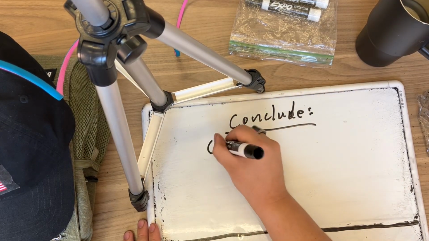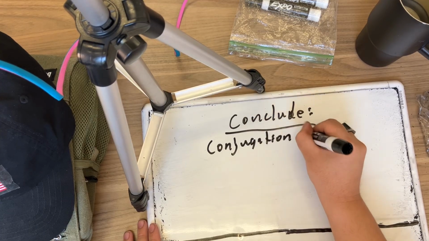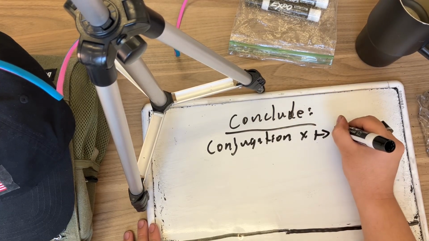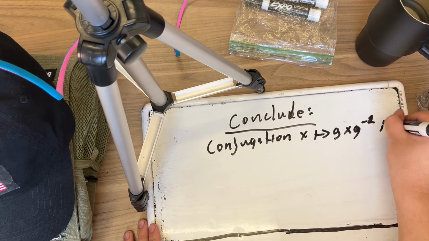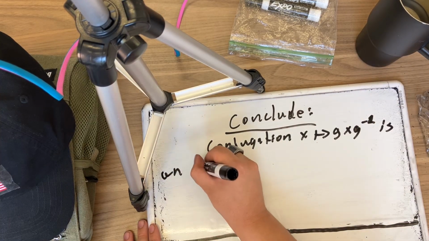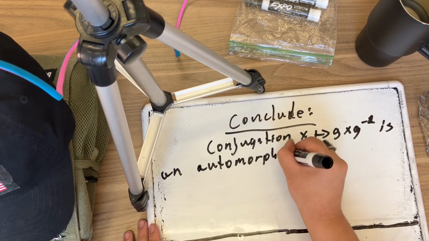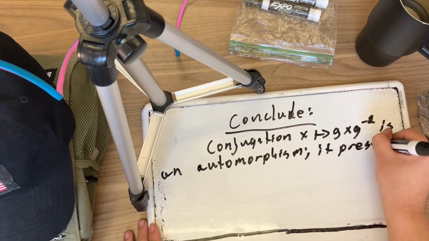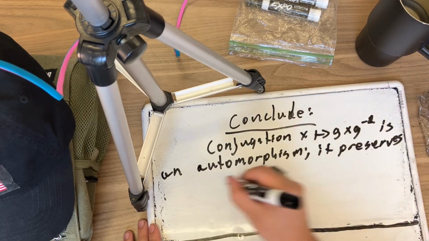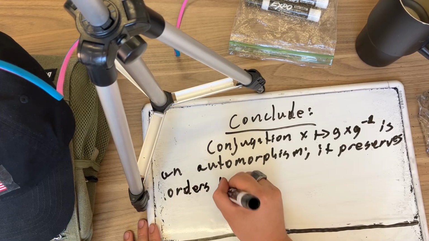So conjugation x to g x g to the negative 1 is an automorphism. It preserves orders and subset cardinalities.